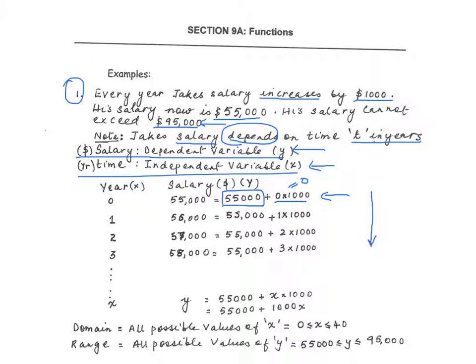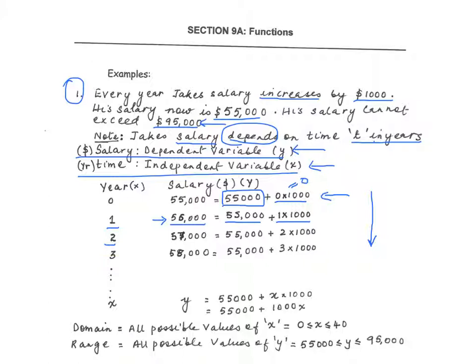Once we establish a pattern, we would be able to model this particular situation using an equation. So in the first year, there is an increment of $1,000 in his salary. So it's his initial salary of $55,000 plus $1,000, which is $56,000. So in year one, his salary becomes $56,000.